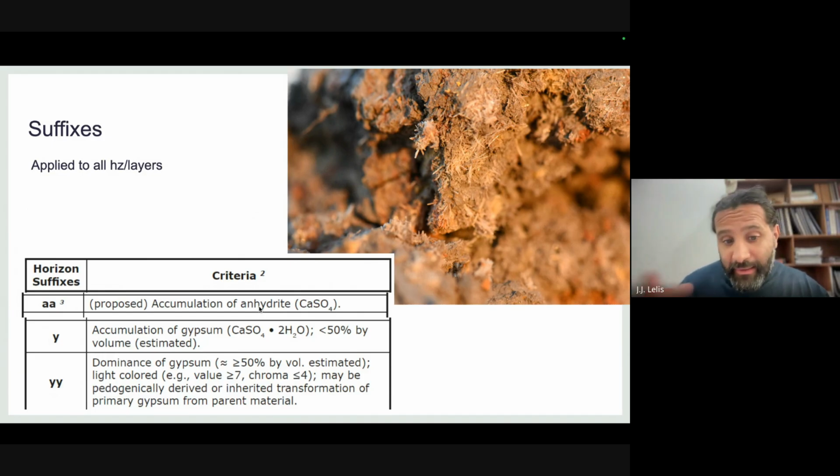But if you are in an area that has a high evapotranspiration but also a lot of water, for example, you are quite close to a coast or a mangrove, so probably we are talking about gypsum, but we need to be sure. So we are trying to identify some criteria that can help us to identify anhydrite and gypsum in the field.